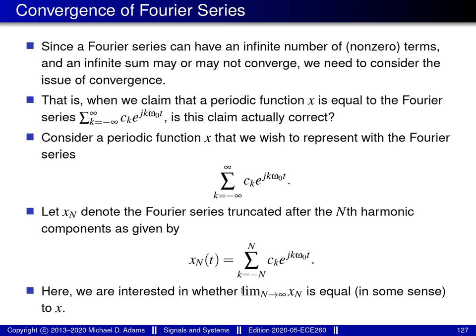But if this quantity is not equal to x in some sense, essentially that's saying the Fourier series is not adding up to anything that represents x in any way, because it's not equal in any way to x. So this is what we're dealing with when we're talking about convergence: is this limit actually equal to x in some sense? If it's not, then Fourier series are not going to be very helpful to us, because they don't represent x in any meaningful way to begin with.